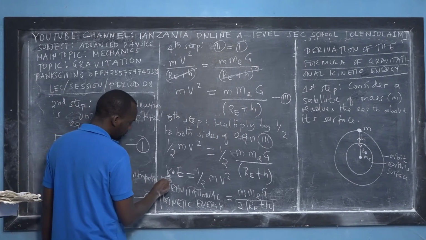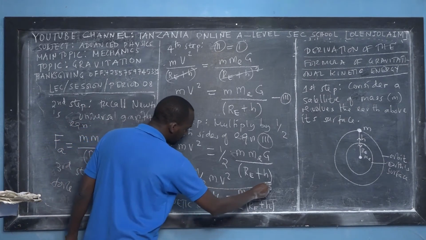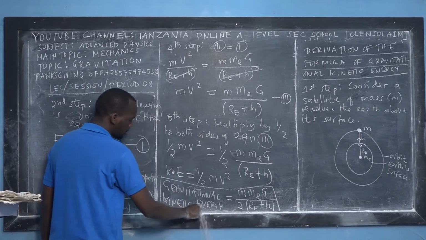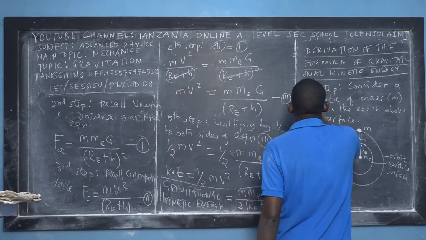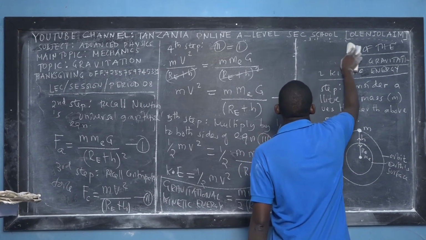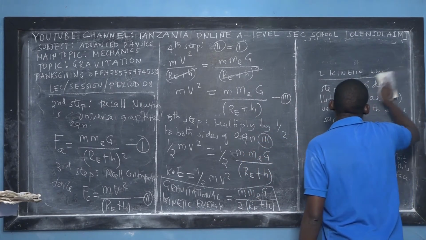So this is what we say is the gravitational kinetic energy. That's the form of gravitational kinetic energy of any heavenly body.